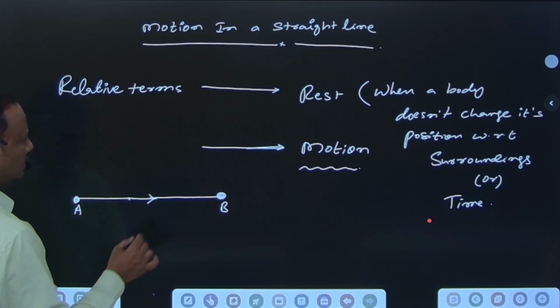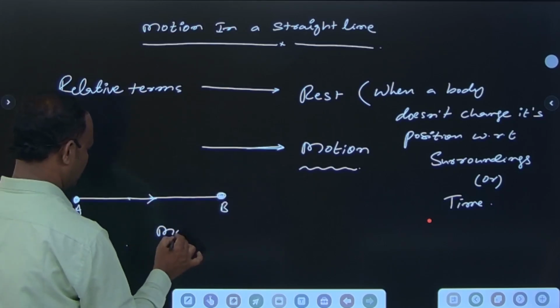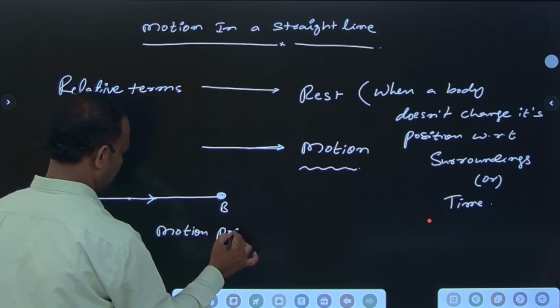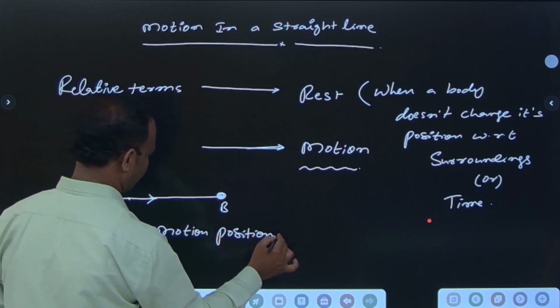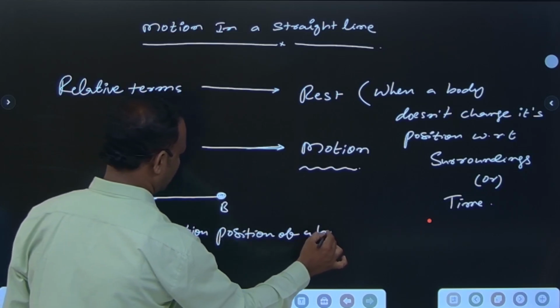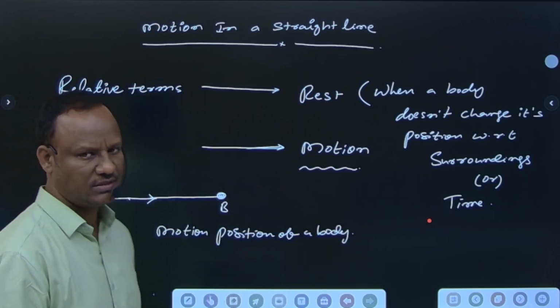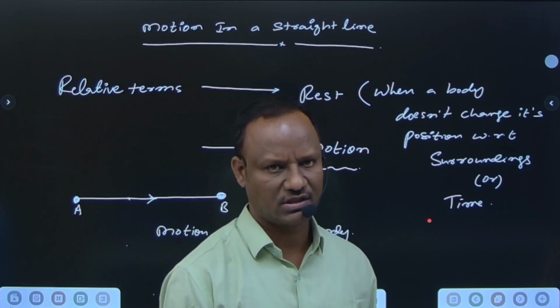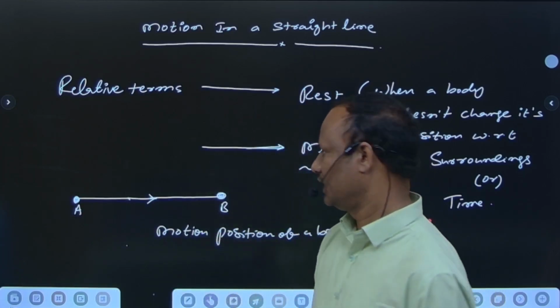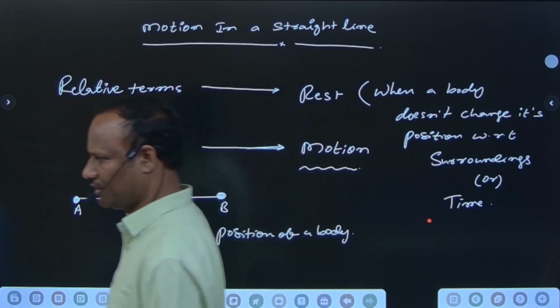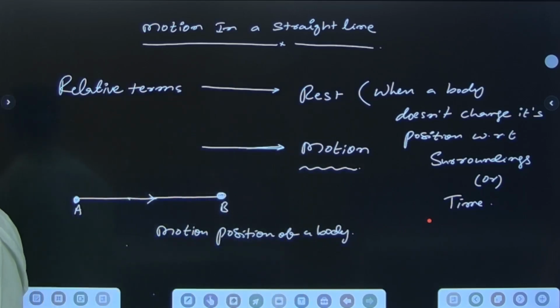So what is motion? If a body changes its position with respect to time, or with respect to surroundings, we say it is in motion.